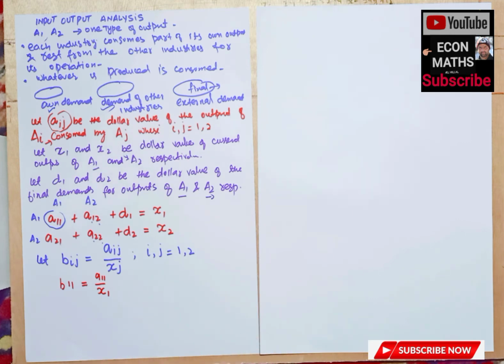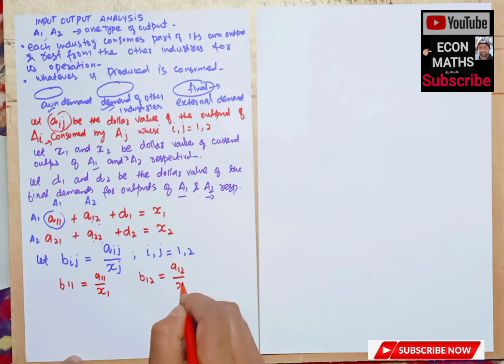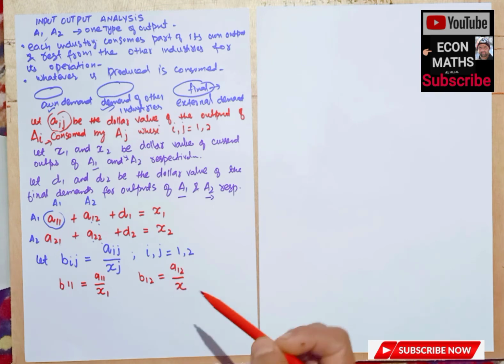Similarly, we have B12 equal to A12 divided by X2. This is the technical coefficient which expresses the dollar value of input from industry A1 required to produce $1 worth of output of industry A2, which is equal to A12 divided by X2.